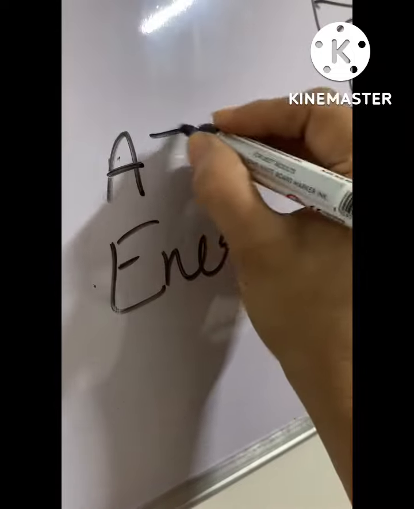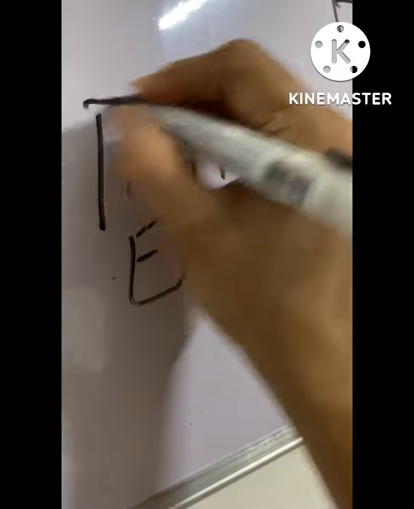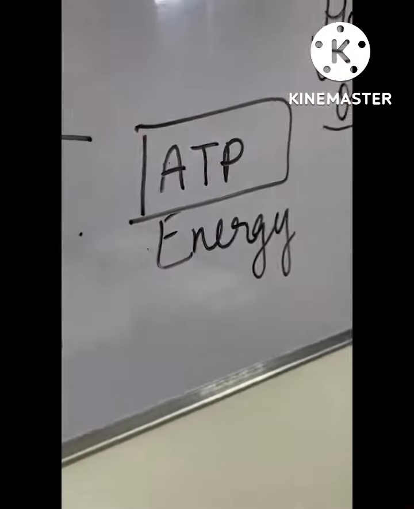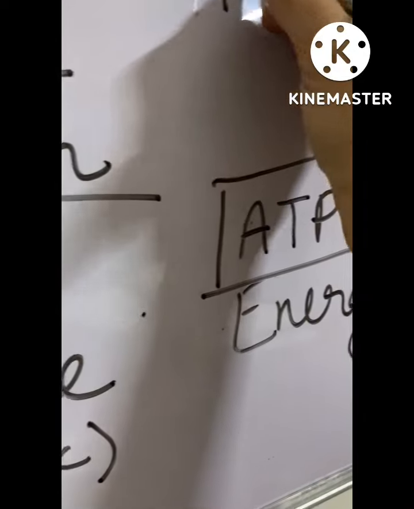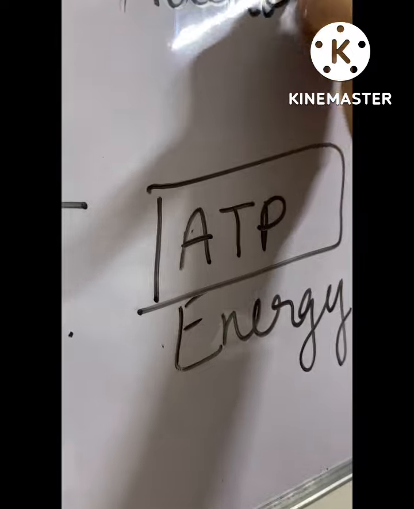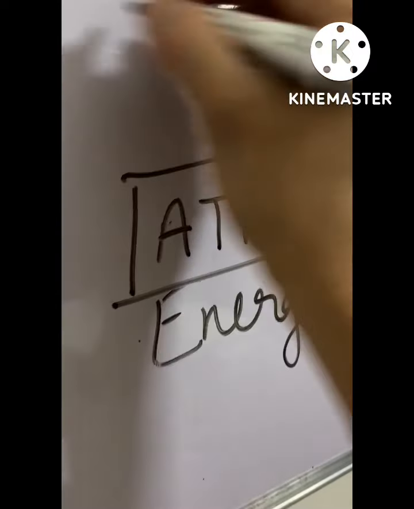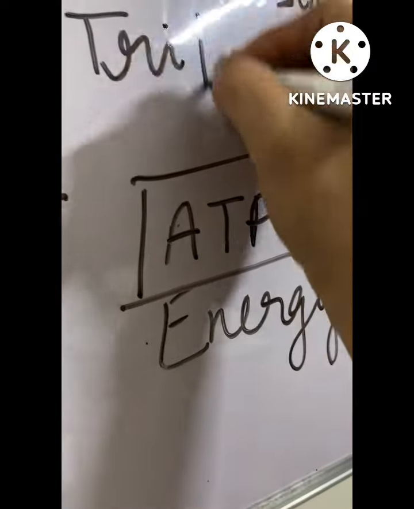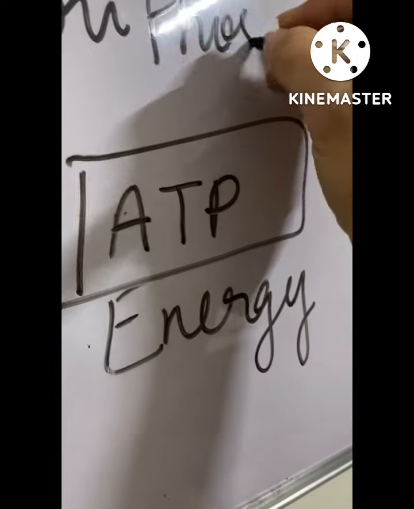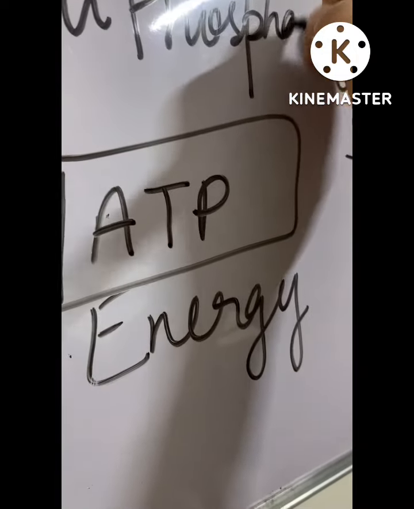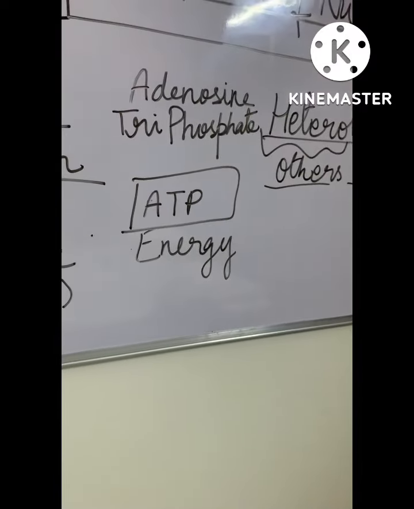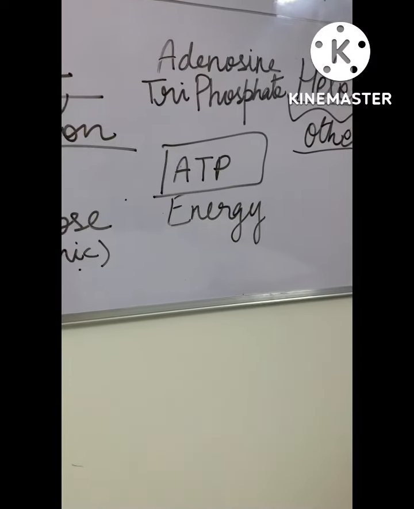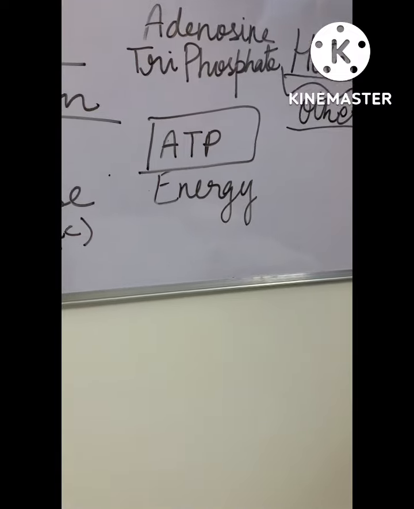This energy is in the form of ATP molecules. ATP means, full form is adenosine triphosphate. So whether it's plants or whether it's animals, the energy is released in the form of ATP molecules.